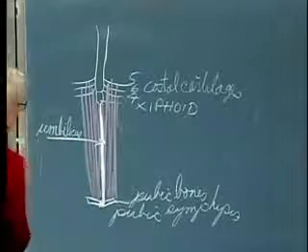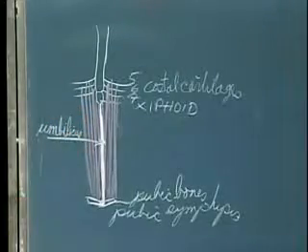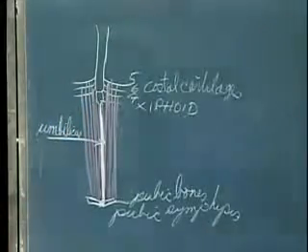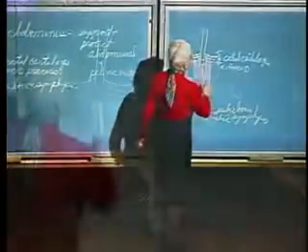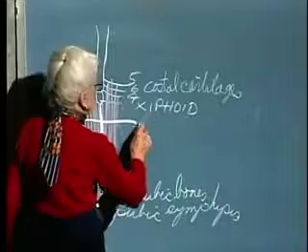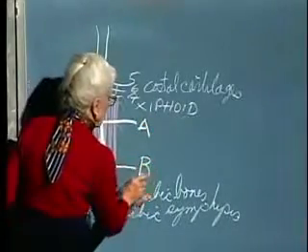And what we want to do is look at the aponeuroses around this to give it strength. It's got a major function here. So we'll look at the aponeuroses in a cross-section through A and a cross-section through B.